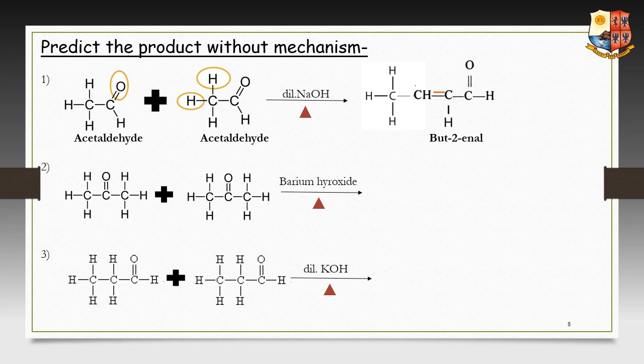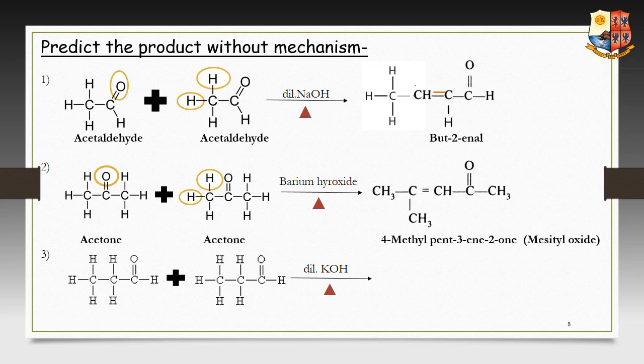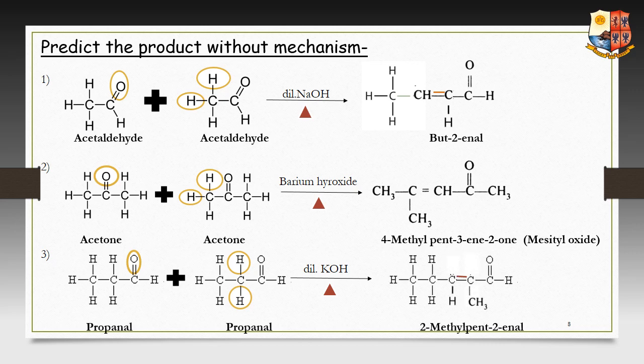Now, second example, again, the oxygen of the first reactant molecule and 2 alpha hydrogens will leave out, forming the product called mesityl oxide. In case of propanal, again, oxygen of the first molecule and 2 alpha hydrogens of the second molecule leave out to form the product 2-methylpent-2-enal. Now we see that when you join the molecules, there has to be a double bond inserted at the alpha carbon of the second molecule.